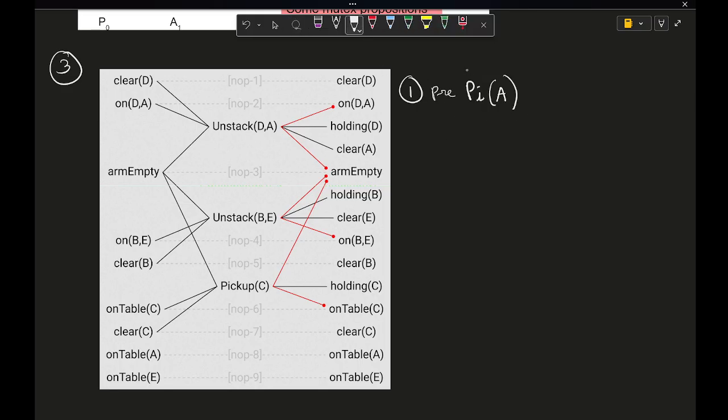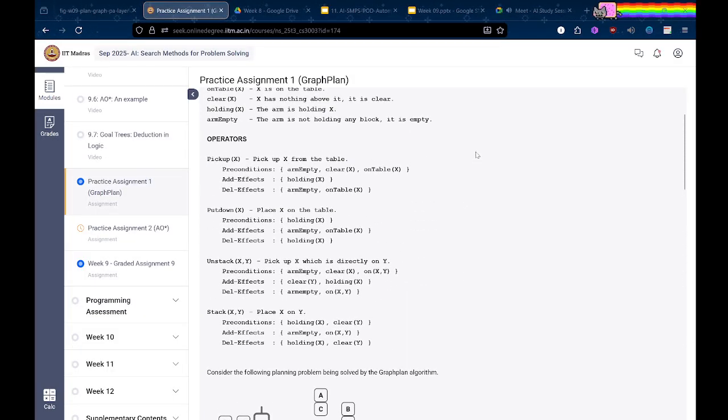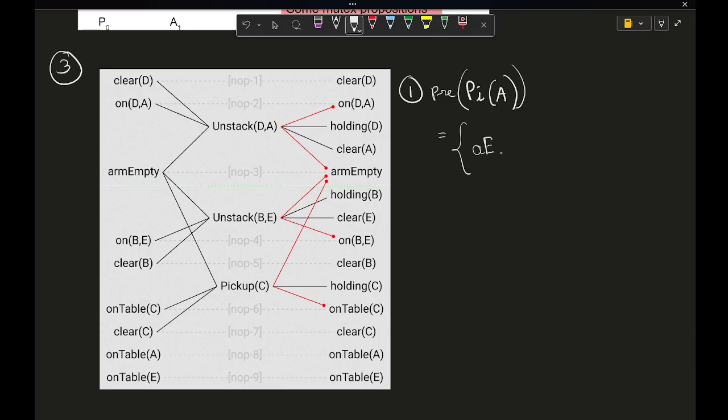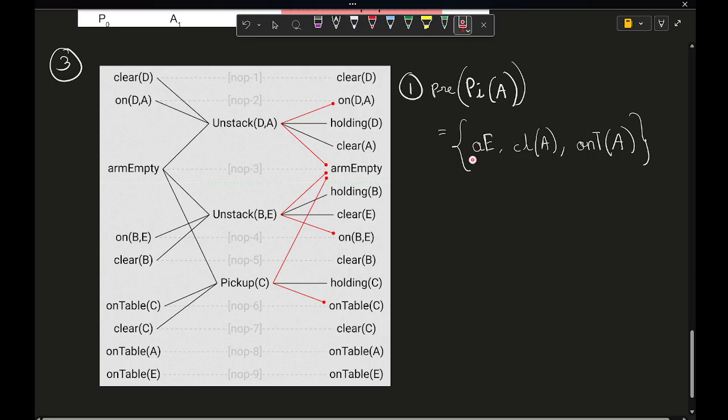The preconditions are: arm empty, clear A, on table A. Now we need to check each action that is causing these propositions to be in layer 1, and for these actions we need to make pairs of them and check whether even a single pair is possible such that both actions are not mutex.